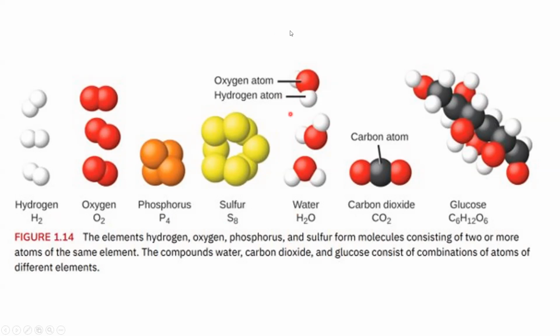But you can kind of draw a line up and down the middle here, between element and compound. So all of these are molecules because all of them have a collection of atoms, but to the left of that line, it's just the same type of atom with one another, so only sulfur. So all of these are going to be elements, while the ones to the right would be considered compounds, because we've got different elements with one another.